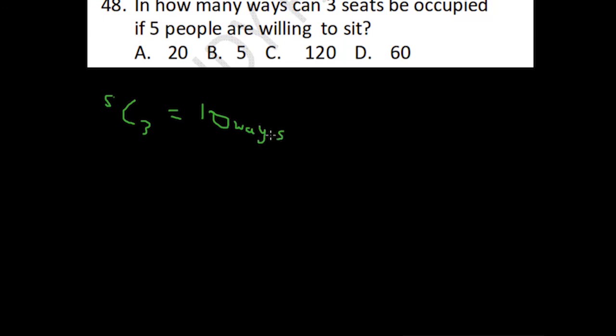And how many ways can we arrange the 3? That's 3 factorial, which is 6 ways. So therefore this is going to be 10 times 6, the number of ways 3 seats can be occupied by 5 people, which is 60. So which makes it option D.